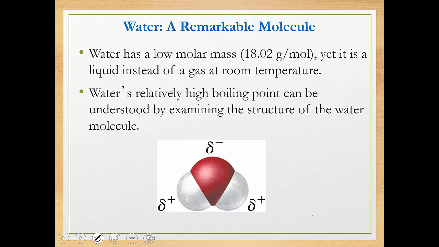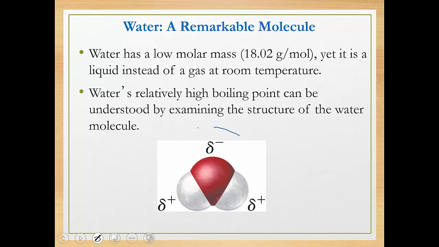And going back to water, we've talked about water's properties, how amazing water is. We already said it has a low molar mass, but it's a liquid, not a gas, at room temperature. That's very unusual. It has a relatively high boiling point. If we want to understand why it has this high boiling point compared to similar molecules of the same molar mass, same class, we look at the structure of the molecule.